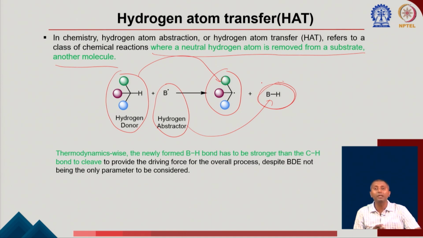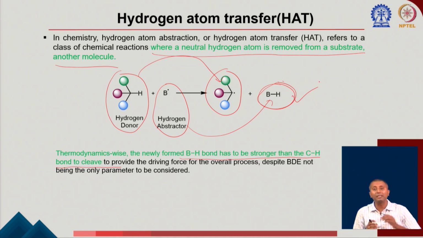During bromination or chlorination, we always talk about which bond is breaking and which bond is forming, and what their bond dissociation energy is. That means the newly formed B-H bond has to be stronger than the C-H bond being cleaved. As you know from thermodynamics, if this bond is stronger compared to the starting one, that gives you the driving force for hydrogen atom transfer.